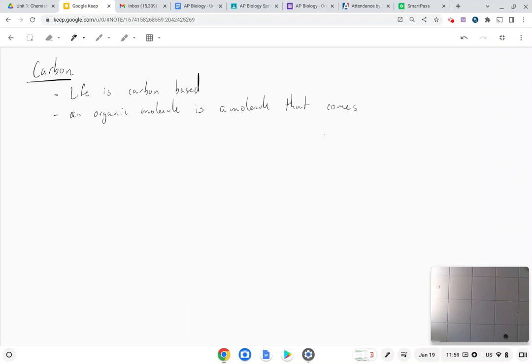Like we can imagine a time when the earth had nothing living. It was just kind of uninhabited. And at that time, you would have never found sugars, lipids, carbohydrates, proteins. Those molecules just didn't exist because you have to have a living thing to make it.